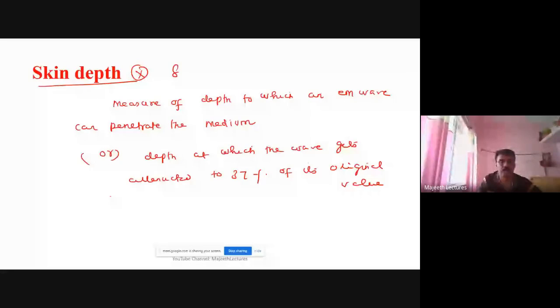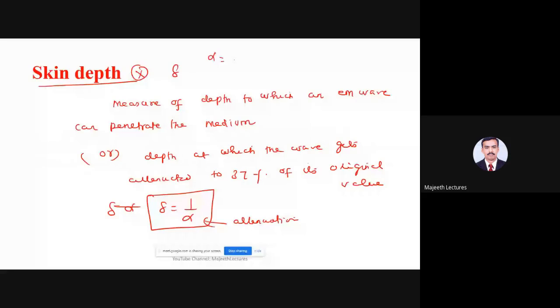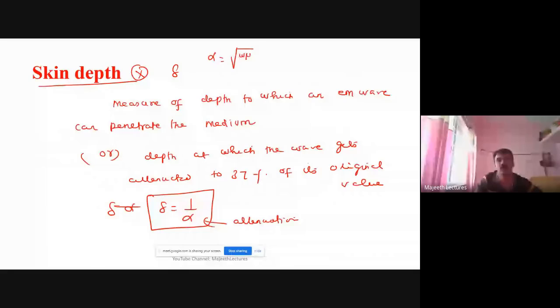So delta is equal to 1 by alpha. Alpha is attenuation. Fine. So I want to emphasize something. We know alpha is equal to square root of omega mu sigma by 2. That I can write as 2 pi f, so it is square root of pi f mu sigma for a conductor.